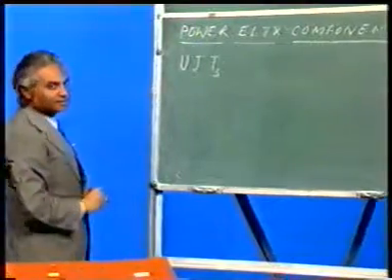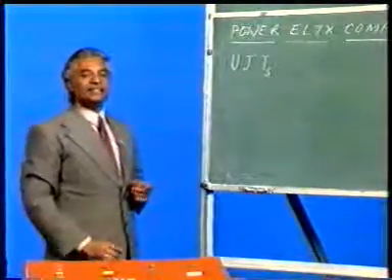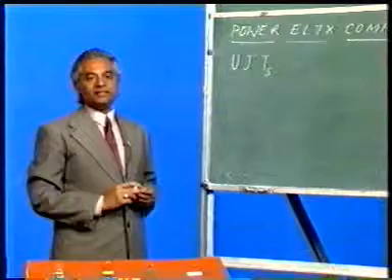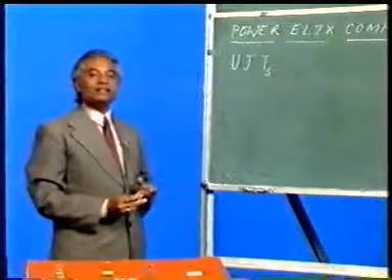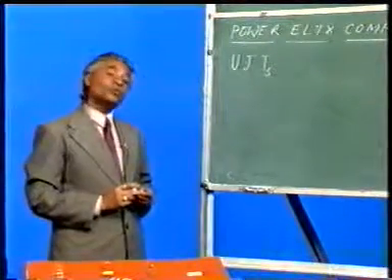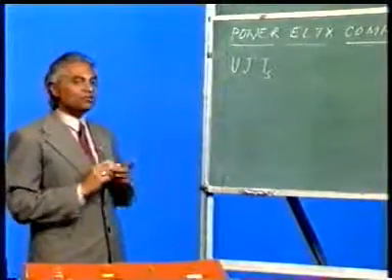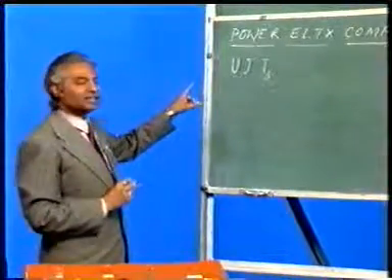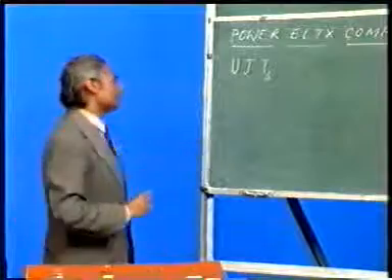Uni-junction transistors, as the name indicates, have only one junction. Now just now you saw, in the case of a transistor, which we also call a bi-junction transistor, there were two junctions. Here it is uni-junction, so there will be only one junction.